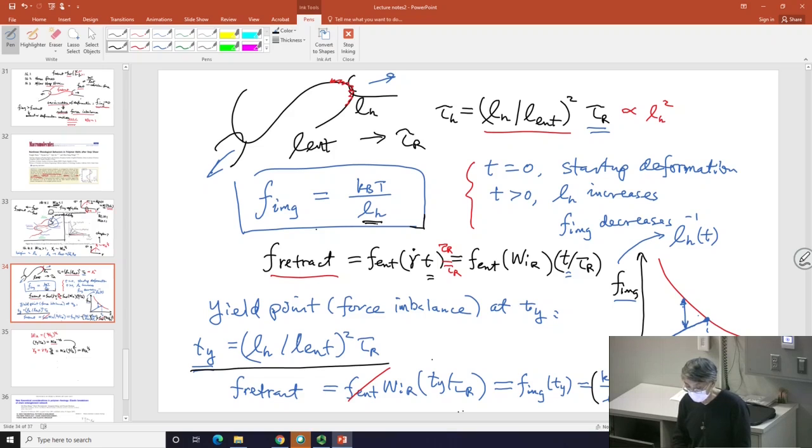And generally, this force scales with t as -1/2 because this scales with time as 1/2.